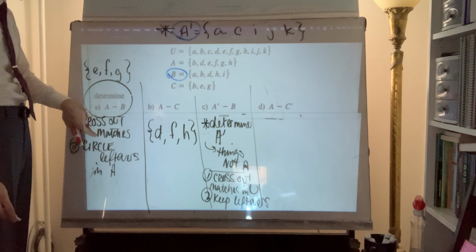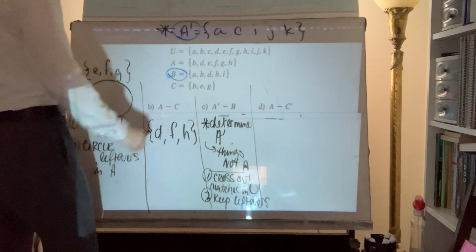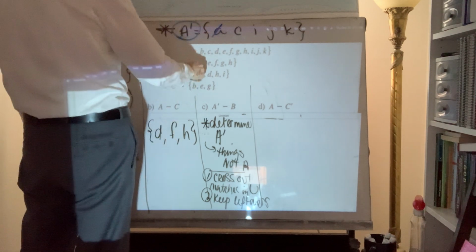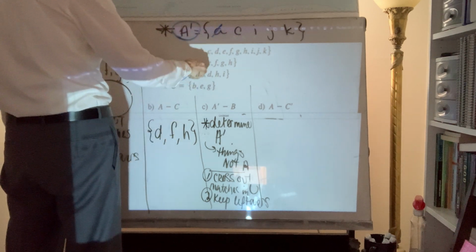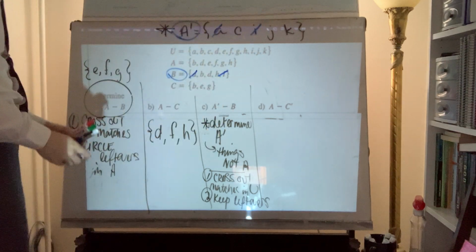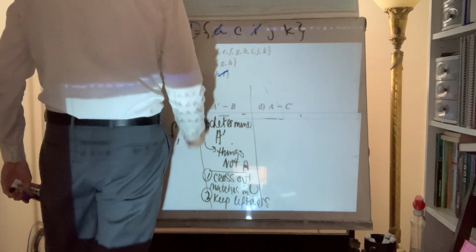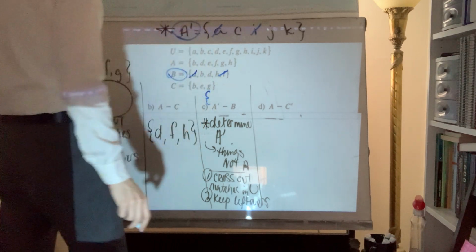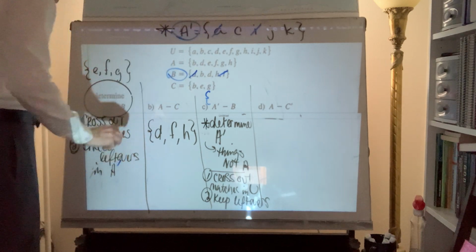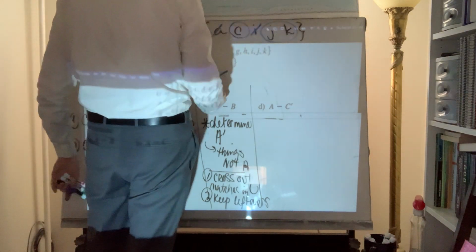Cross out the matches in reference to these two now, which is A, and B is okay, D is okay, H is okay, and I has to go. And then what we should get as an answer is this. Circle the leftovers in A prime in this instance. It would be C, J, and K.